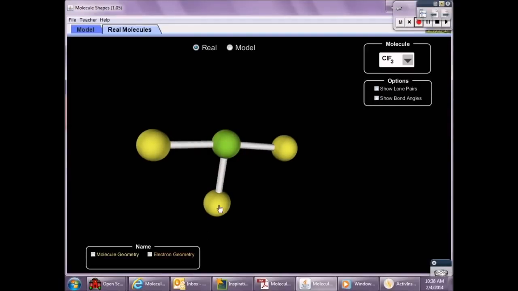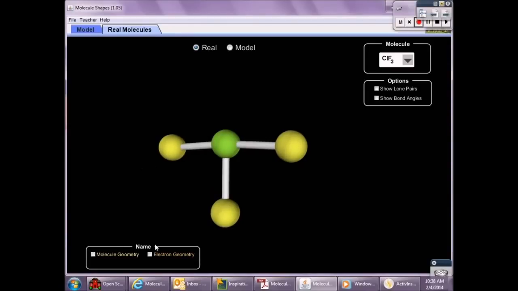I need for you to come up with a name for the shape. That's what it is. T-shaped. Letter T as in Tom.